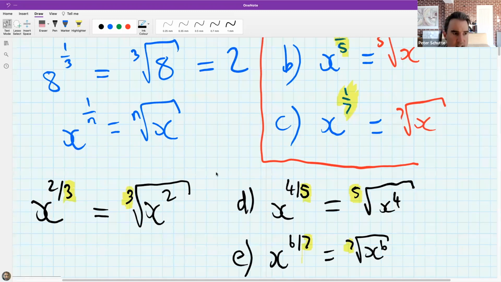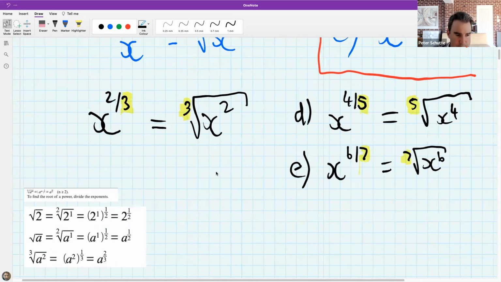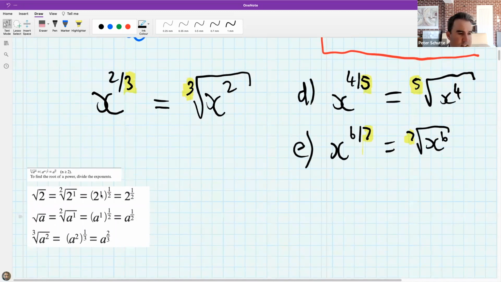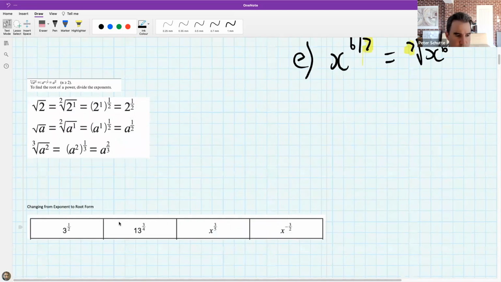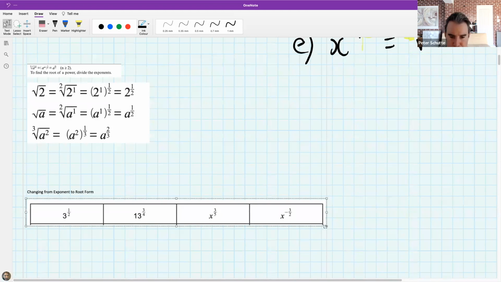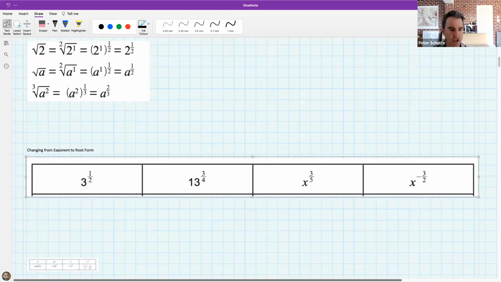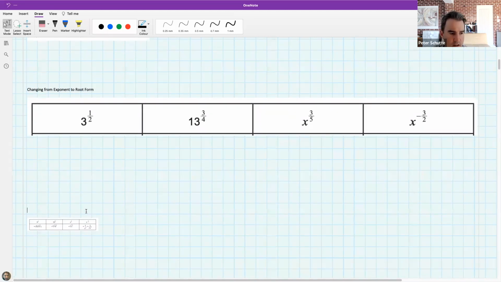So if we take this idea a little bit further, let's try and do this. I want you to change each of these numbers from exponential form to root form.